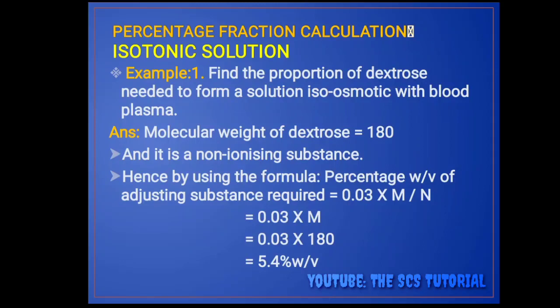Hence, using the formula, percentage weight by volume of adjusting substance required is equal to 0.03 into M divided by N, where N is 1, so it will be 0.03 into M. Here the molecular weight of dextrose is 180, so 0.03 into 180 is equal to 5.4% weight by volume. So 5.4% dextrose is needed to form a solution which is isosmotic with the blood plasma.